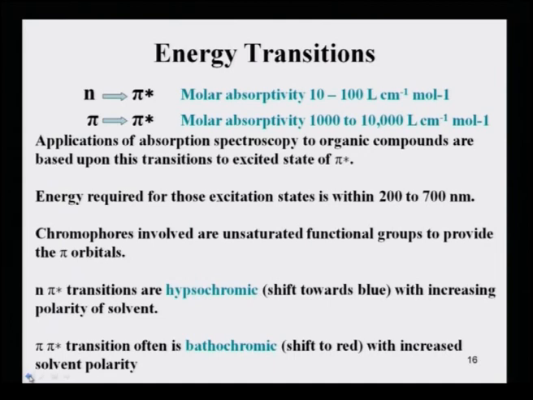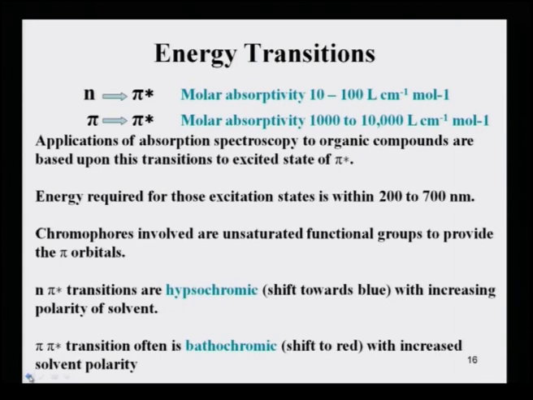The applications of these two energy transitions are what we are going to study in absorption spectroscopy to understand the chemistry of organic compounds, and it is totally based on the transition to the excited state of pi star.